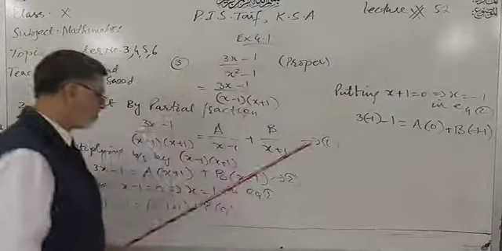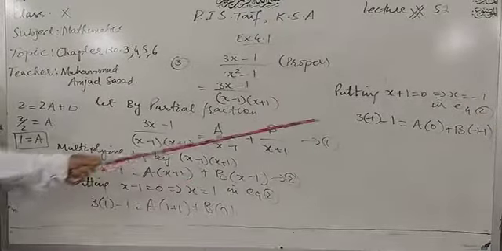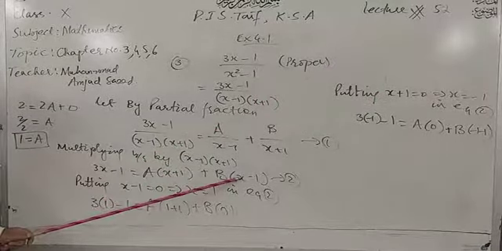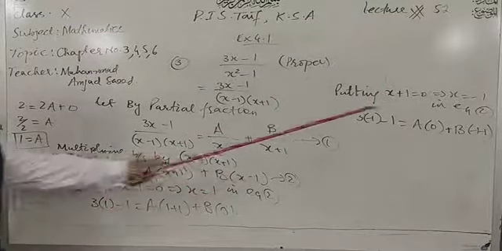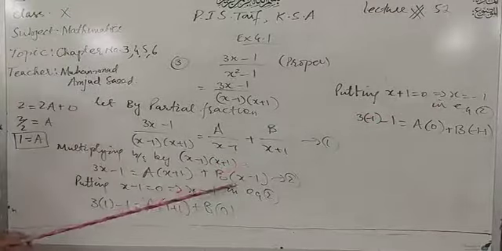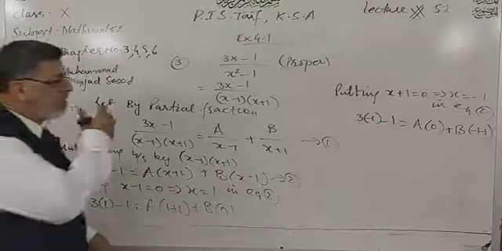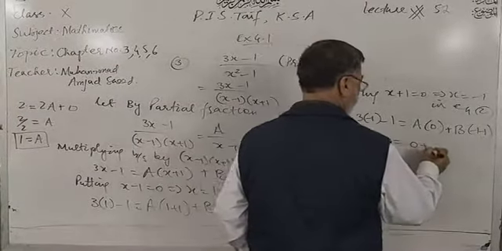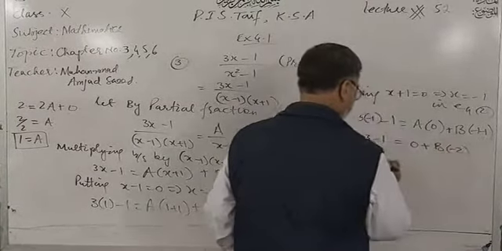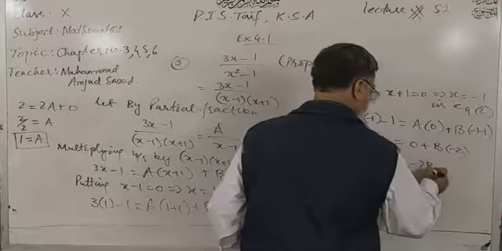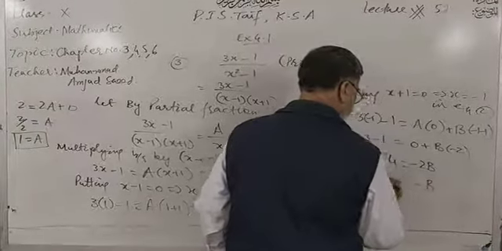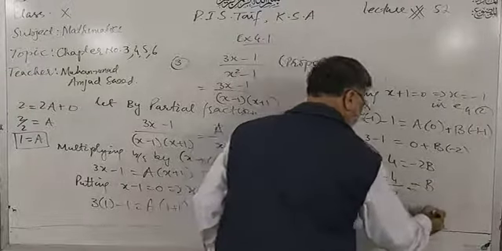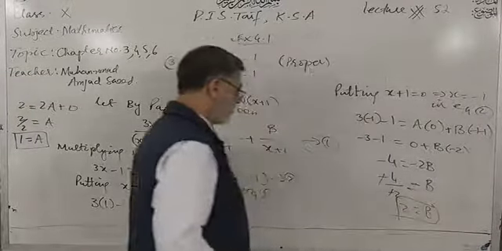Here, x equal to minus 1. So we have minus 3 minus 1 is equal to 0 plus b into minus 2. Minus 4 is equal to minus 2b and b is equal to minus 4 over minus 2. Minus minus cancelled out, b is equal to 2.